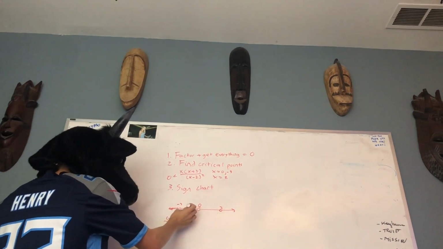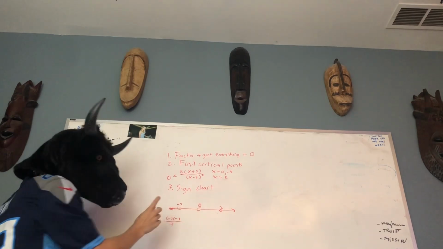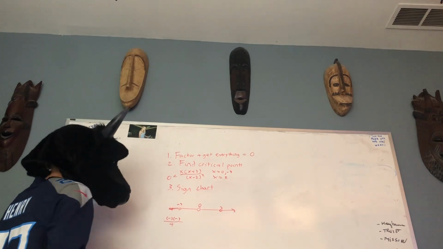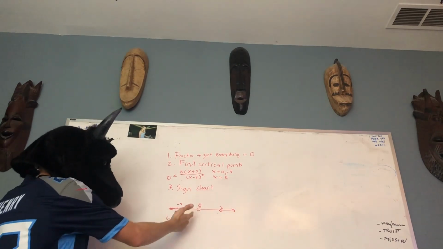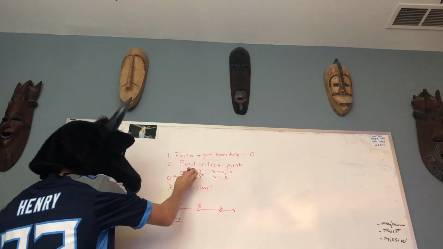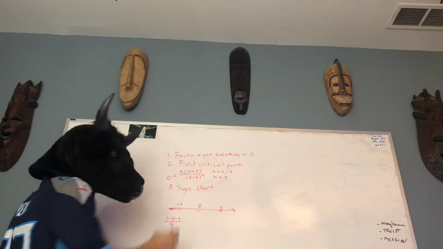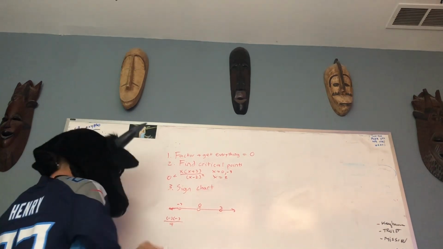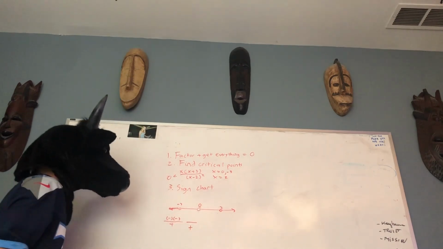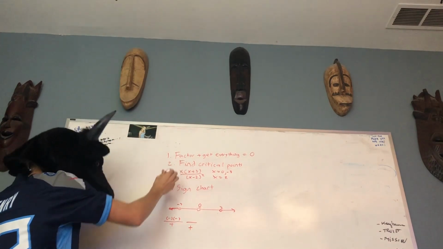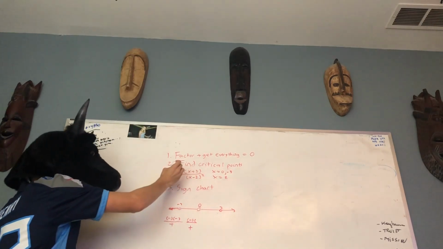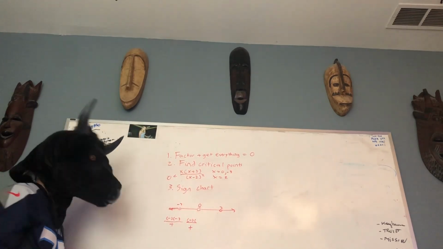Between here, for this point, we're going to see if we can also include that like we did for the numbers to the left of the -3. So let's pick a -1. That's between -3 and 0. So we plug in a -1 here. This bottom factor will always give us a positive because it's squared. So we'll do positive. And then for the numerator, -1, we have a negative. And then -1 plus 3 is 2, so that's positive.